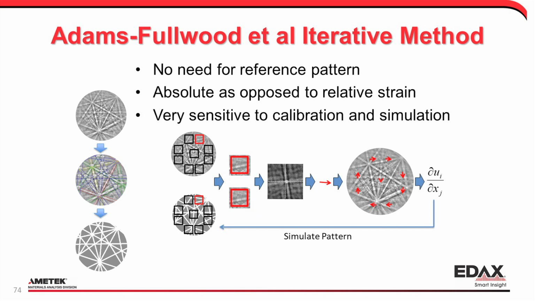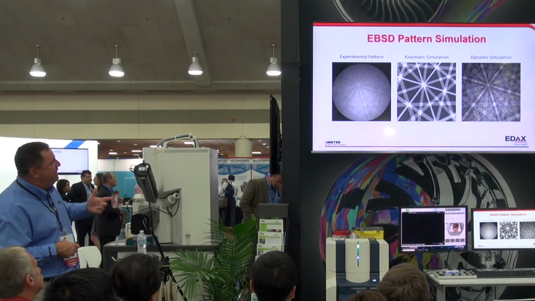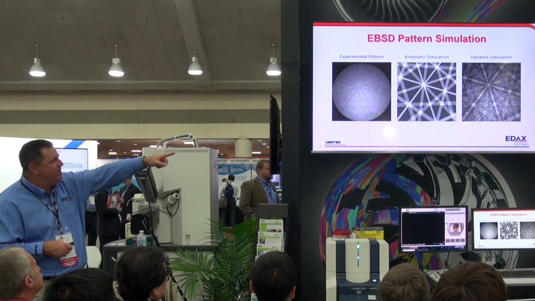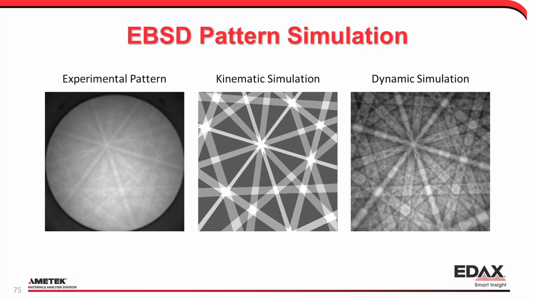All that turns out to be pretty difficult to simulate well enough for this to always work. So by being able to get rid of that, we can start fitting simulations much better. This shows an example of an experimental pattern, a kinematic diffraction simulation, and then the dynamic simulations that are becoming more and more available, faster and more usable.